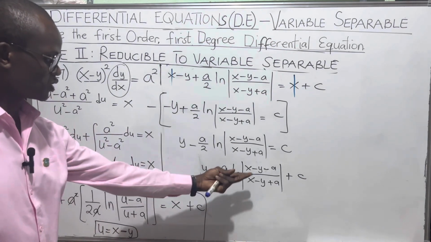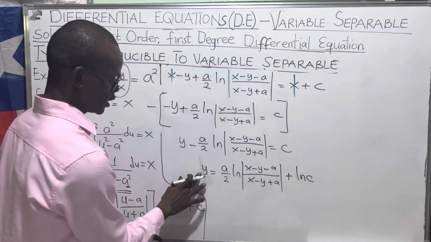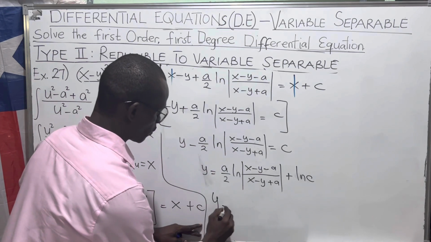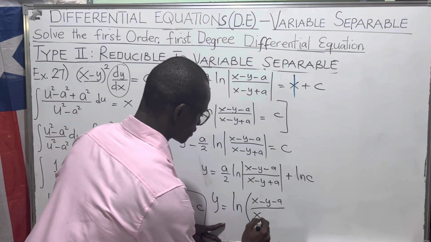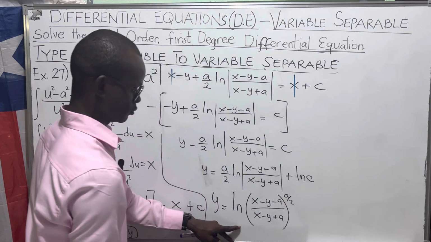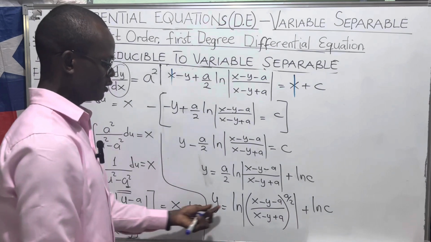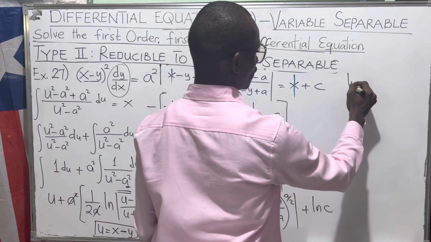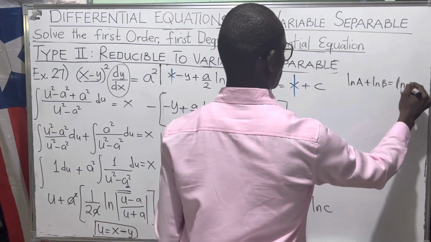So if you like, you can stop here, or we can rewrite this c as ln of c, and then this a over 2, we can raise it to the power. So it's y equals ln of x minus y minus a over x minus y plus a, all raised to the power a over 2, and then plus ln of c. So ln of a plus ln of b is equal to ln of a times b.